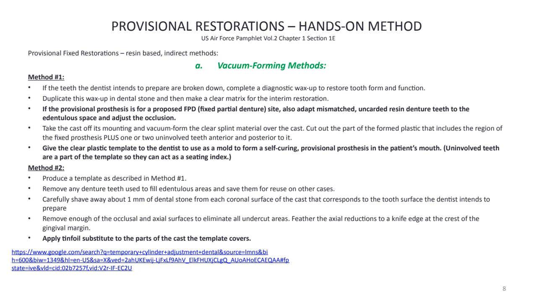It's a little more involved, this method, in the sense that we're using different types of materials, and we have to be careful how we do the vacuum forming method.